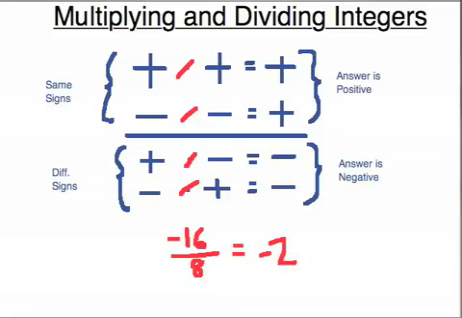Let's just do one more, and then we'll wrap it up. How about negative 22 divided by negative 2.